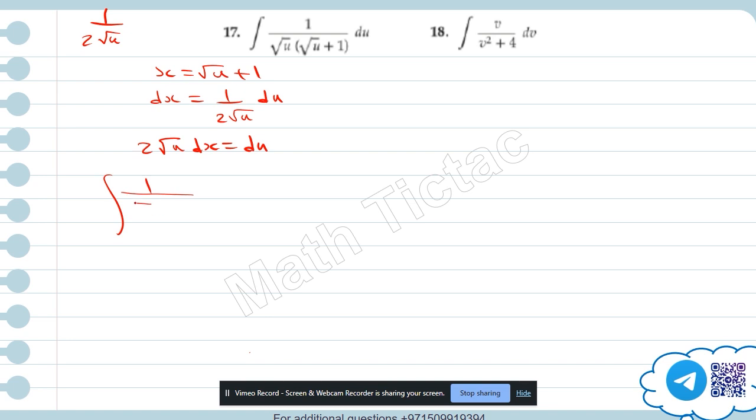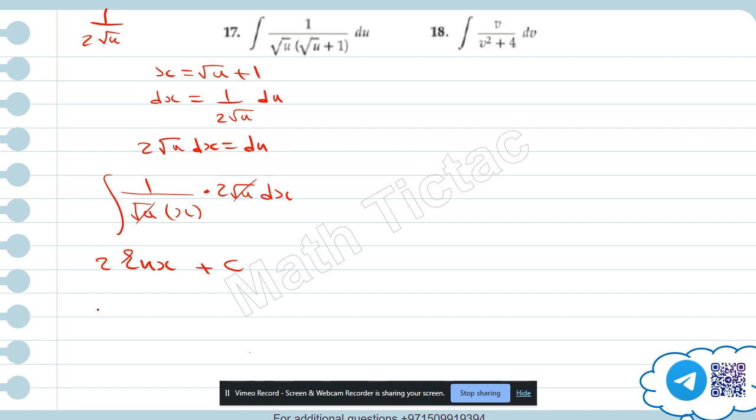1 over square root of u multiplied by x, dot, in here I will say 2 square root of u dx. Now square root of u is square root of u. The integration of 1 over x is ln x, and in here we have 2, so 2 ln x plus c.